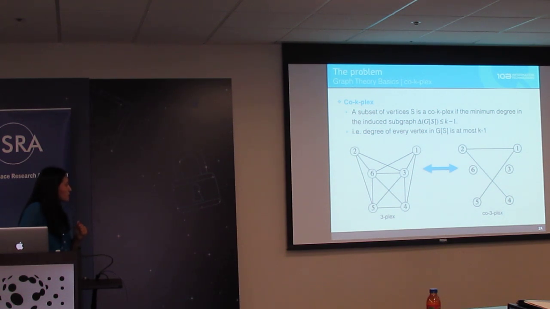In this example of a K-plex, we can see that the co-K-plex in the complement graph corresponds to the figure on the left. In our case, we are not going to look for the maximum independent set, but we are going to look at the co-K-plex in this conflict graph, which will give us a similarity metric that is more relaxed than actually looking for the maximum independent set.